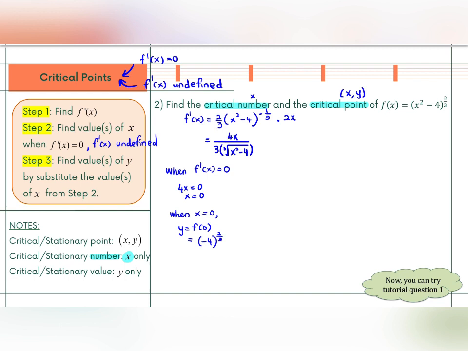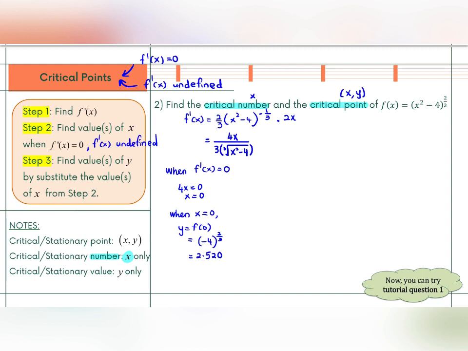So, let's find out what will be the value for negative 4 to the power of 2 over 3. Kat sini dia akan keluar 2.520 sebab 2.5198 kan. So, kita ambil 3 decimal places. So, kita dapat 2.520.